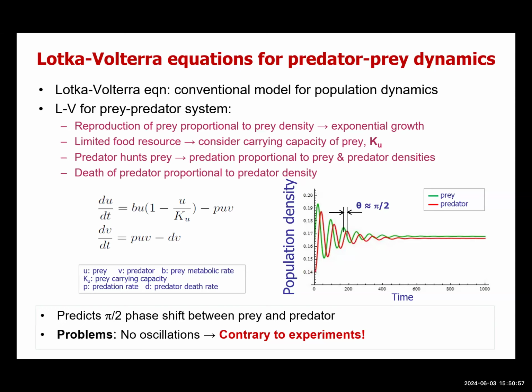It doesn't oscillate. The whole story, which we thought the physics of it was encoded in these differential equations, doesn't work. So this does predict a phase shift of pi by 2, but there's no oscillations. There's no periodic population cycles. Okay.